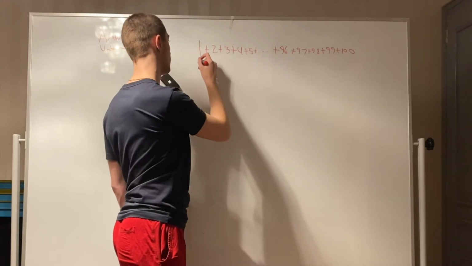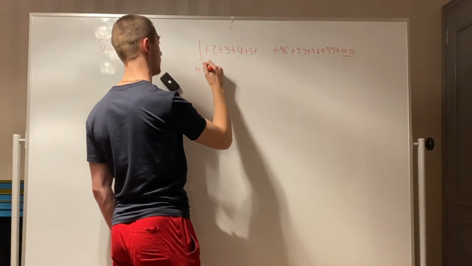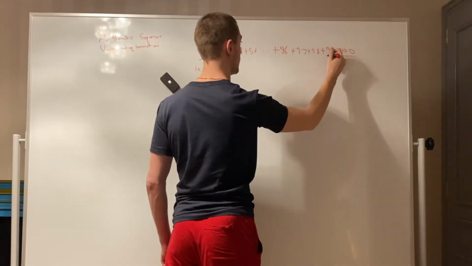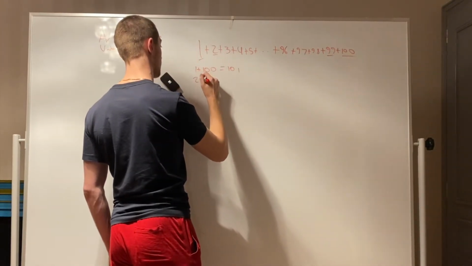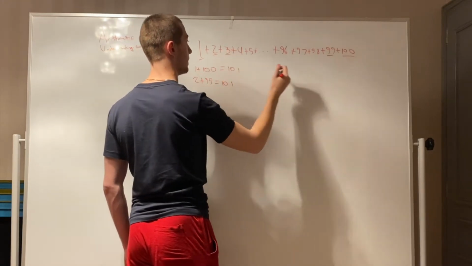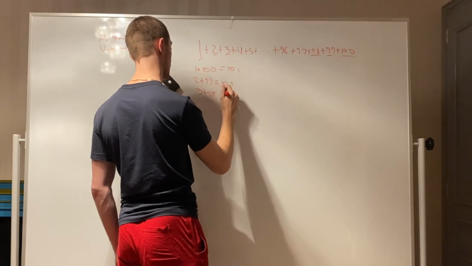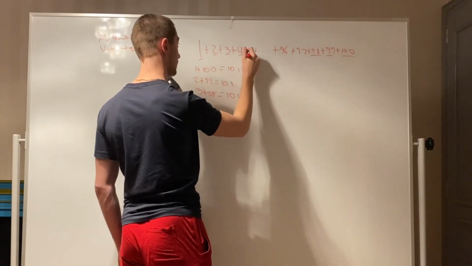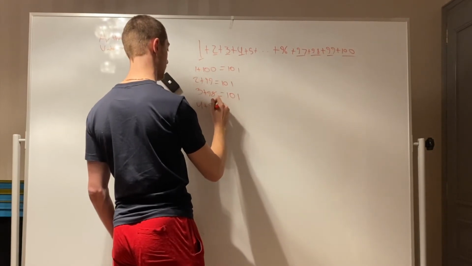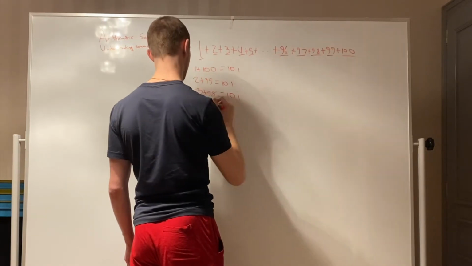So, for example, let's take 1, 100. 1 plus 100 gives 101. 2, 99 gives us the same sum. 3 and 98, same thing. 4, 97. 5, 96.